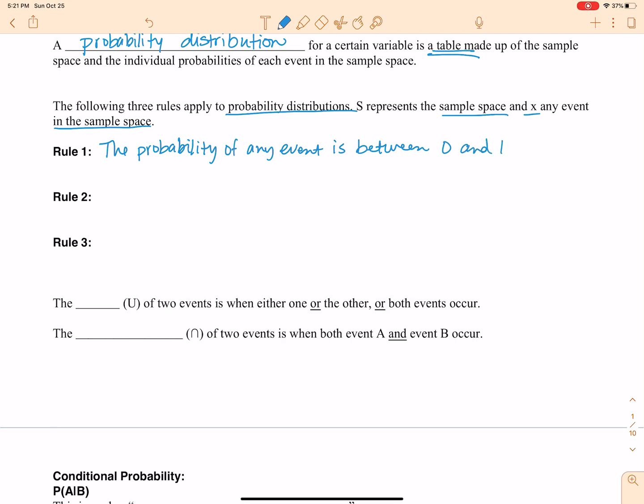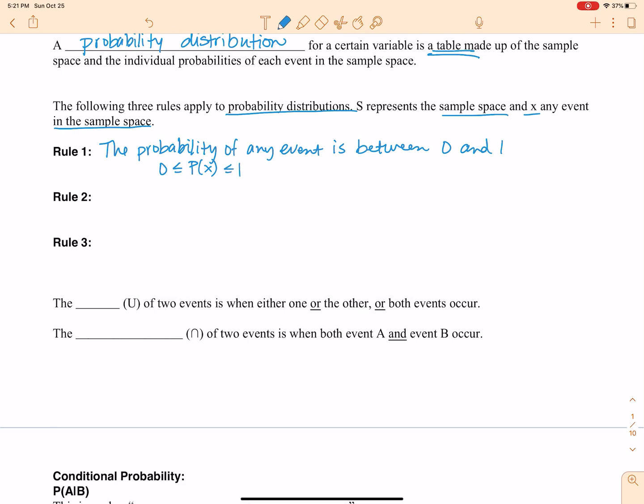In other words, the probability of any event is always a decimal or a fraction. So you can think about it like this: the probability of X is greater than or equal to 0 and less than or equal to 1.